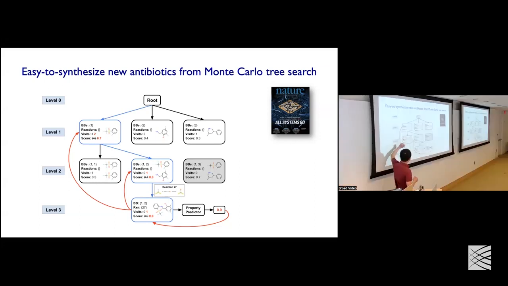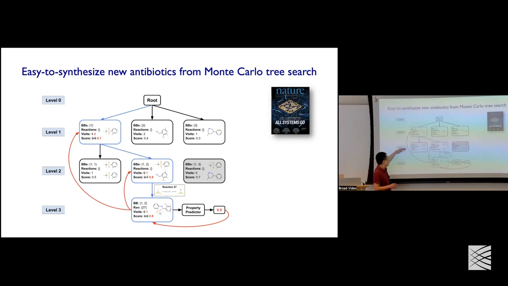Here's an illustration of how this works. In the initial levels of the tree, we start with the individual fragments. There could be hundreds of thousands of initial fragments. As I move down the tree, we get more and more complex molecules. The first level is the individual fragments. At the next level, I can look at different combinations, different pairs of fragments, and then apply different reactions.